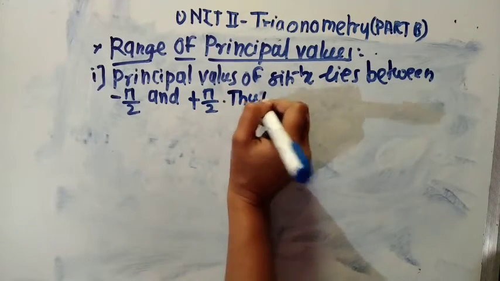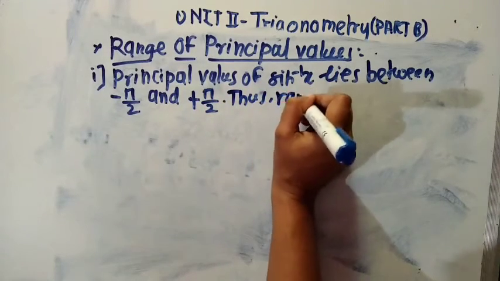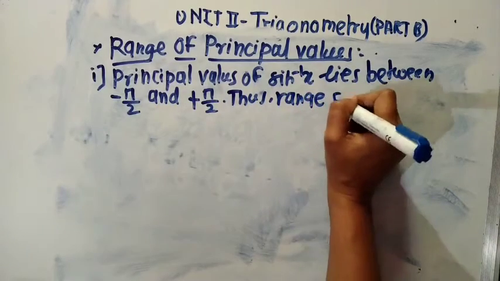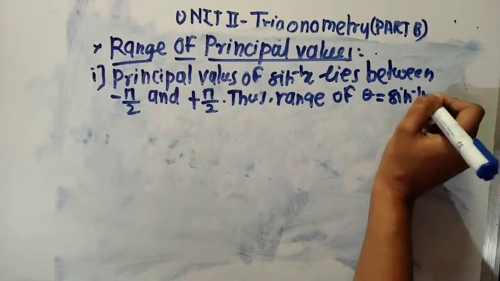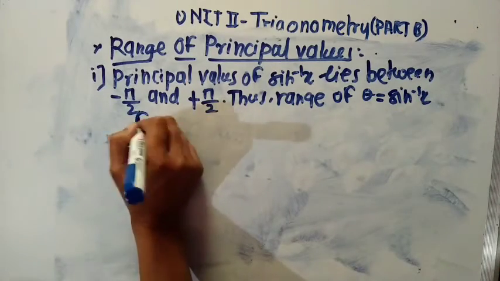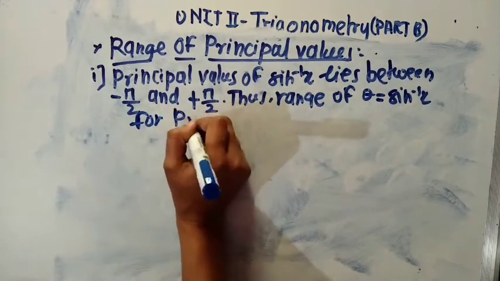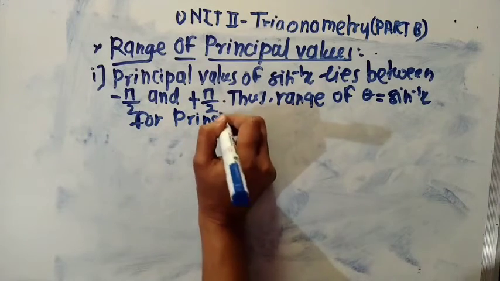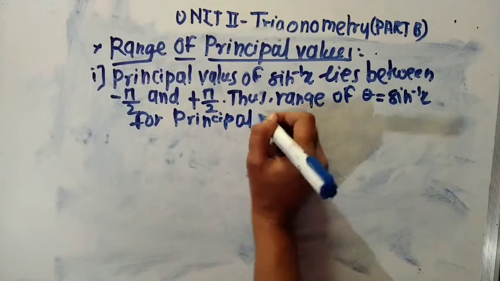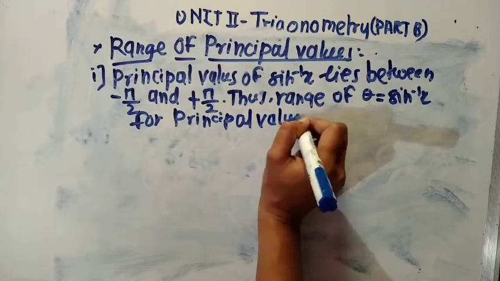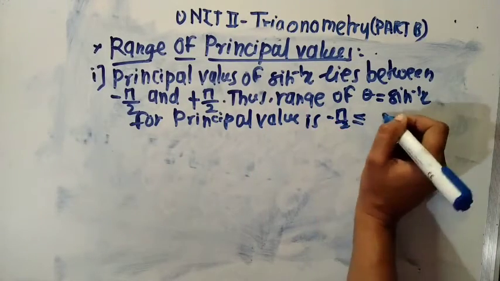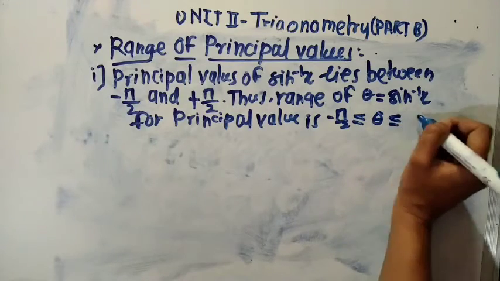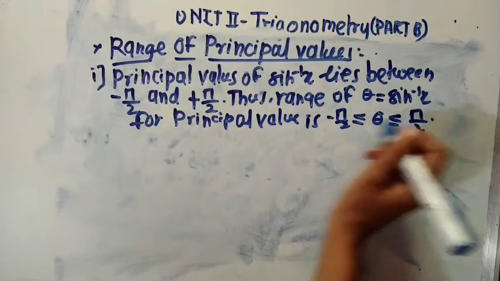Thus, the range of theta is equal to sine inverse of x for principal value is minus pi by 2 less than or equal to theta less than or equal to pi by 2.